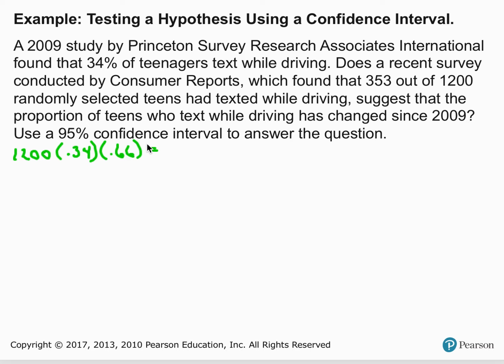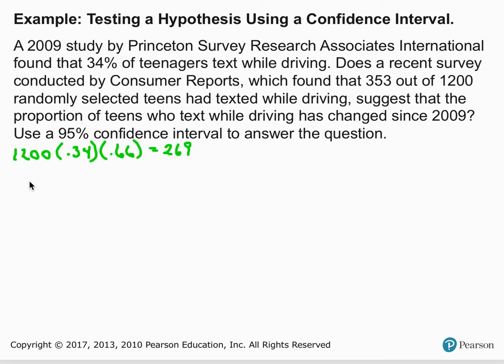Let's see what that is. That's 269, so well over the 10. And we're talking about teenage drivers, so 1,200 in America is way less than 5%. So our 3 requirements are met.